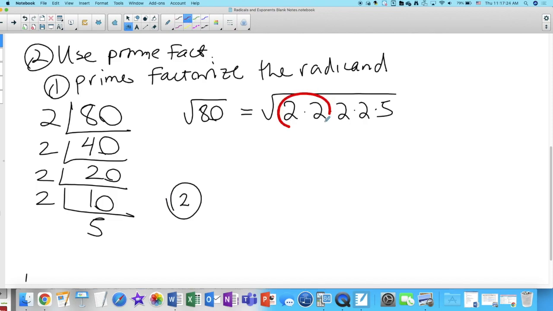Every time you see a pair, you can pull one of them outside of the radical symbol. The reason for that is because the square root of 2 times 2 is the same as the square root of 2 times the square root of 2, and that is 2. So every time you see a pair, pull one of them out.